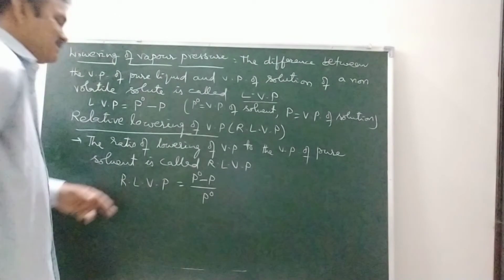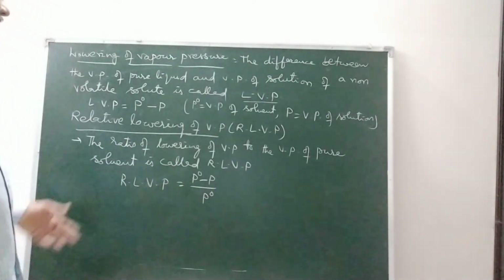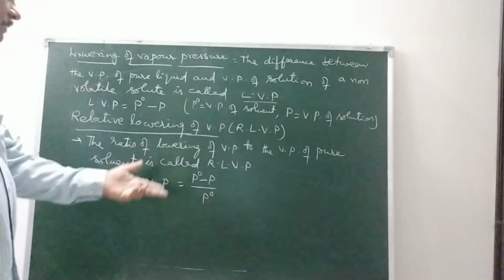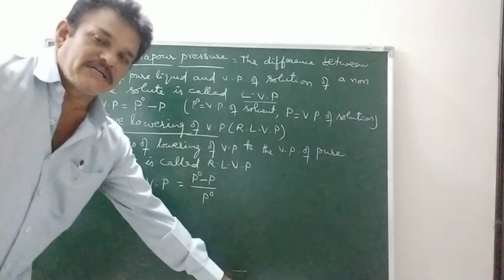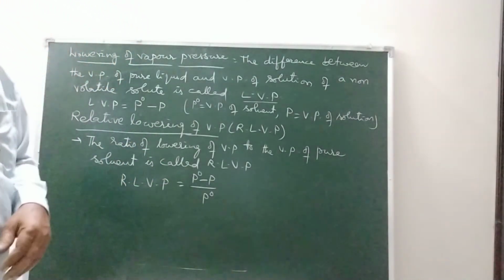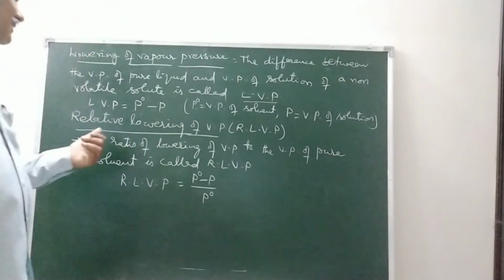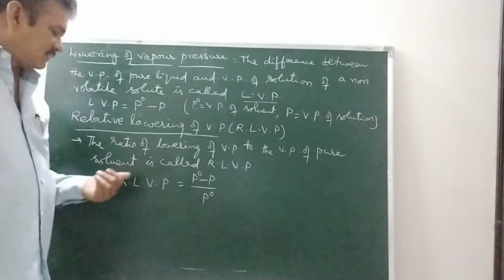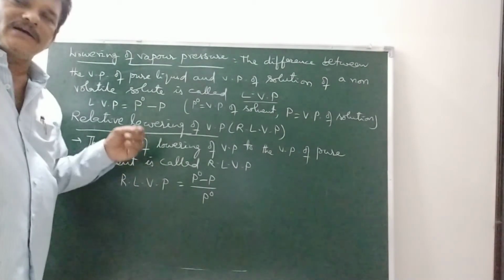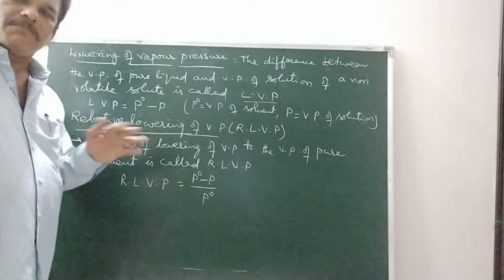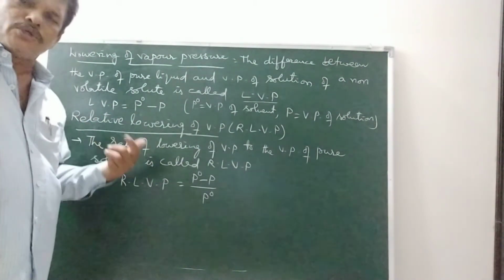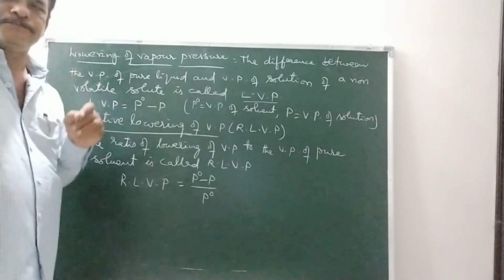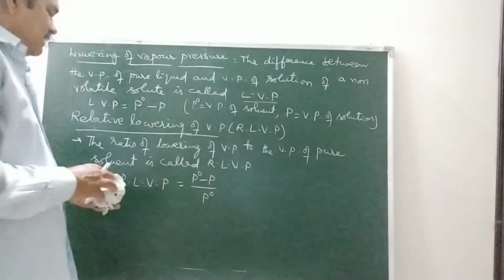So P naught minus P by P naught is called the relative lowering of vapor pressure. This is one colligative property. That means this RLVP depends only on the number of particles of the solute, but not on the nature of solute or solvent.